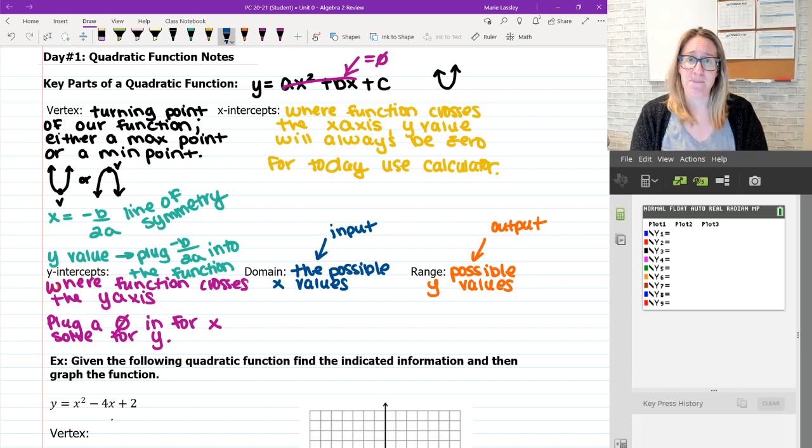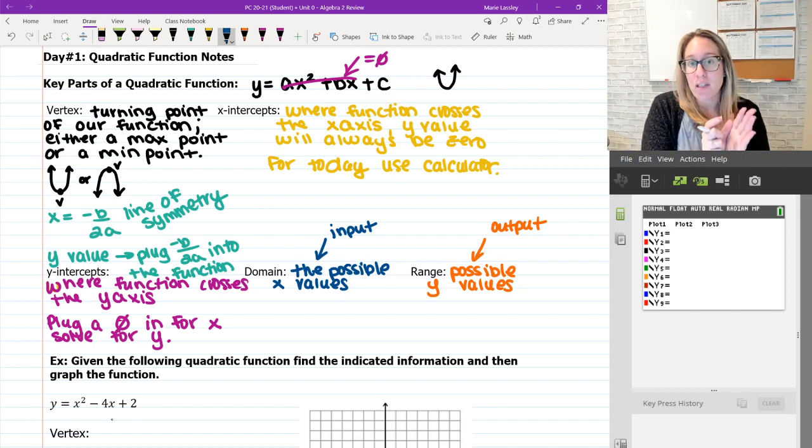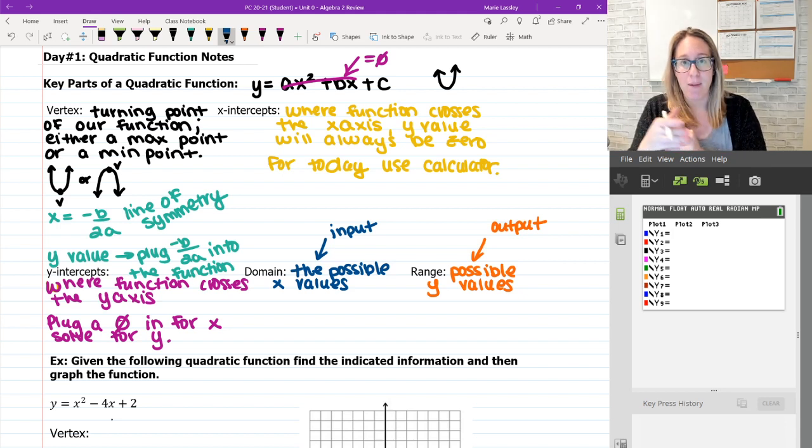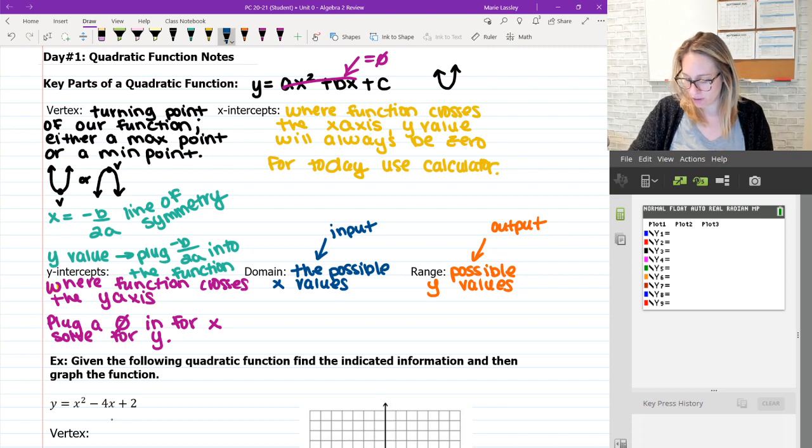You're just going to use parentheses, and the numbers inside the parentheses are the values you're allowed to go between. The first value is the smallest number you're allowed to have as your x or y value, then a comma, and then the second number is the biggest value you're allowed to have for your domain or range. This is called interval notation.